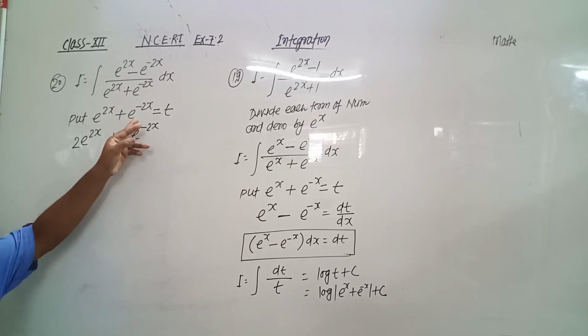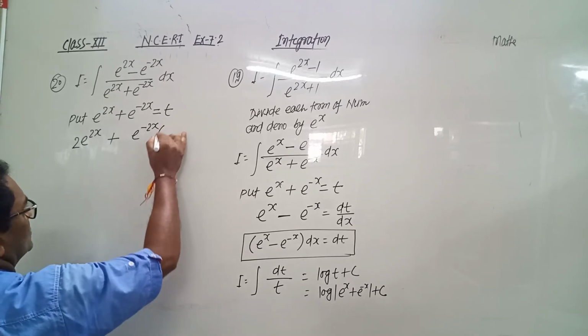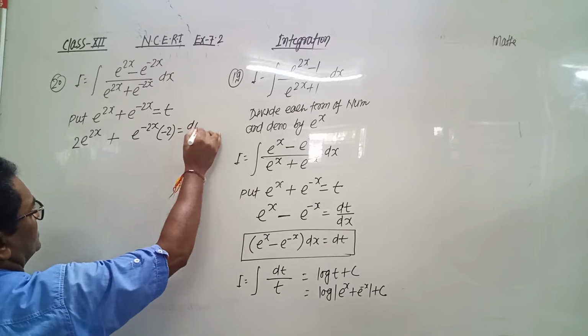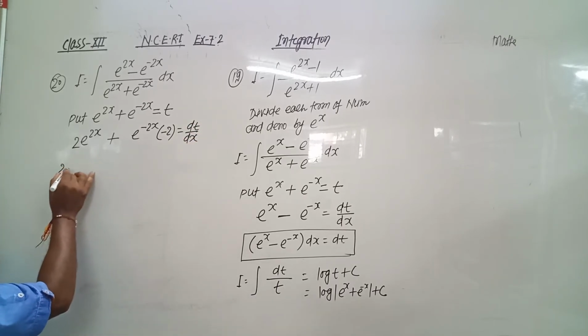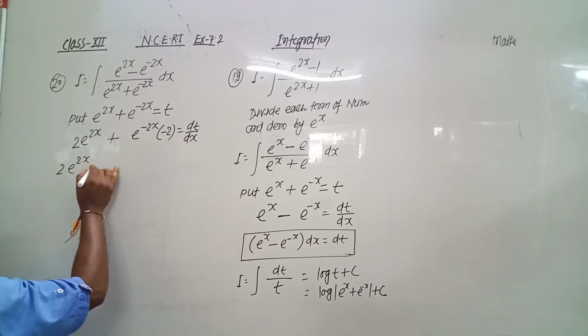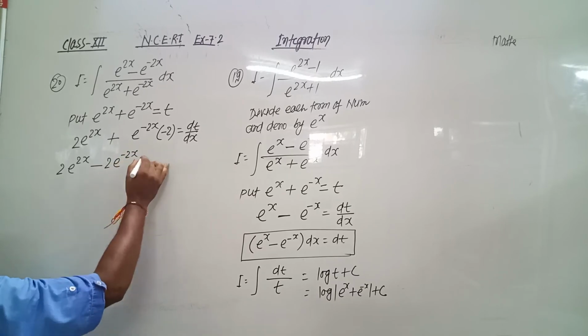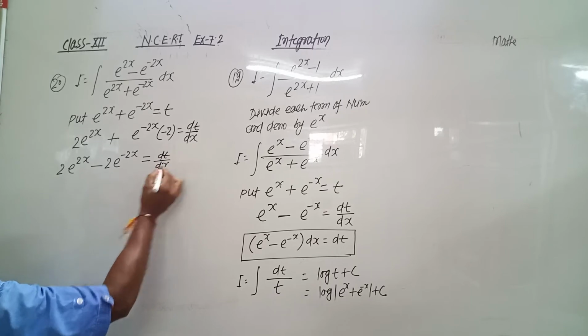Then remove e and differentiate minus 2x, which is minus 2, and differentiation of t with respect to x is dt by dx. So we get 2 into e raised to the power 2x minus minus 2 into e raised to the power minus 2x equals dt by dx.